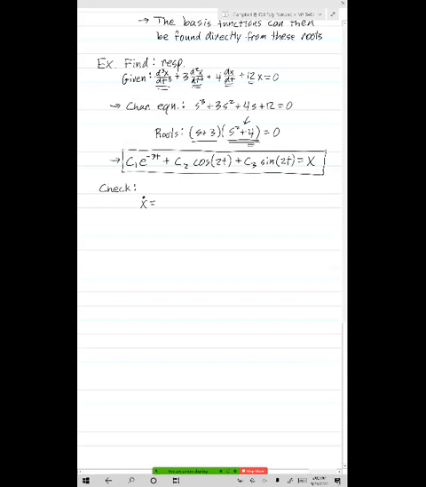So, okay, let's go ahead and take a look at x dot. We get a -3 c1 e to the -3t. And then for cosine, we're going to get a negative sign here. So we get a -2 c2 times sine 2t.